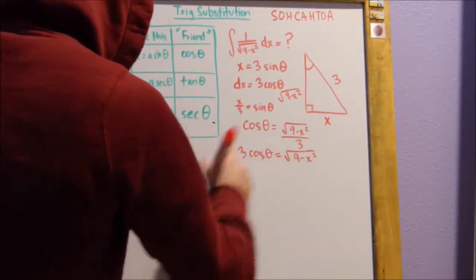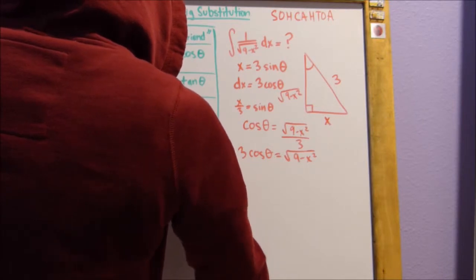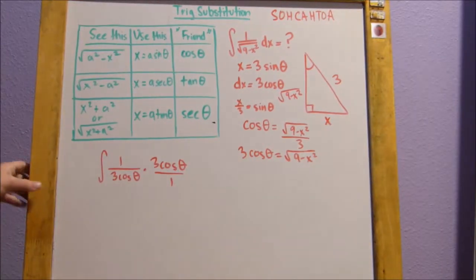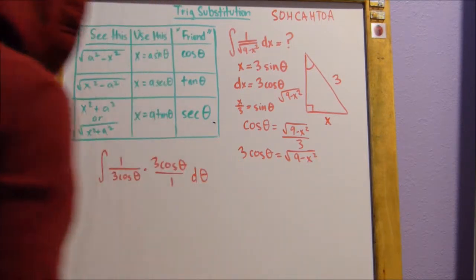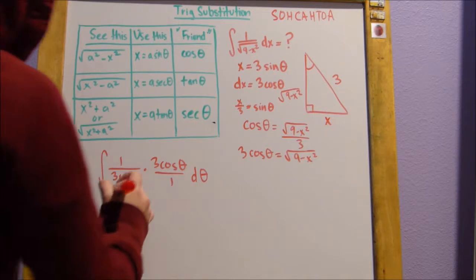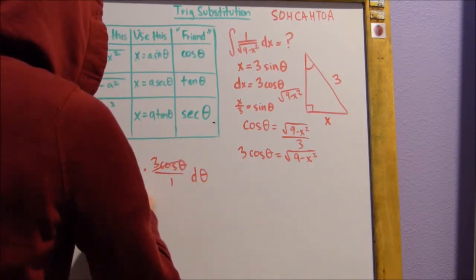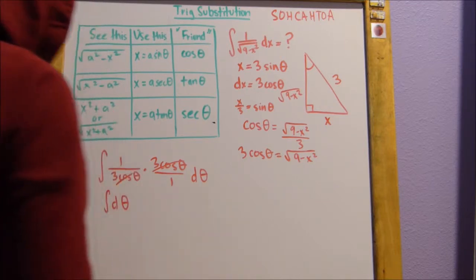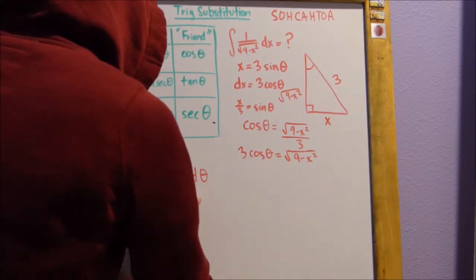So times our dx, which is 3 cosine theta d theta. Now we'll notice that these two things are just going to cancel out, leaving us with d theta. Now the integral of d theta is theta.